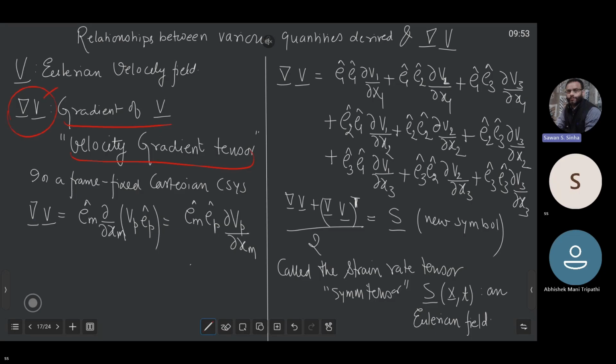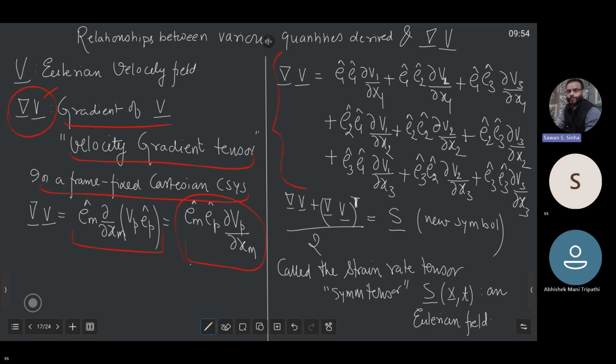Now, if I choose my working coordinate system to be a frame fixed Cartesian coordinate system, this is how I will write it: del by del xm of Vp. I can put it like this. In the full expanded form, it will be what I have here.